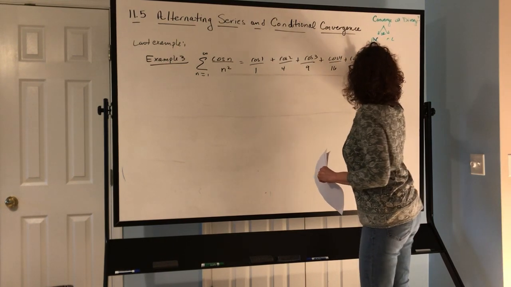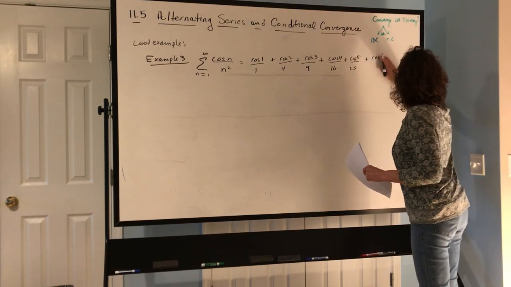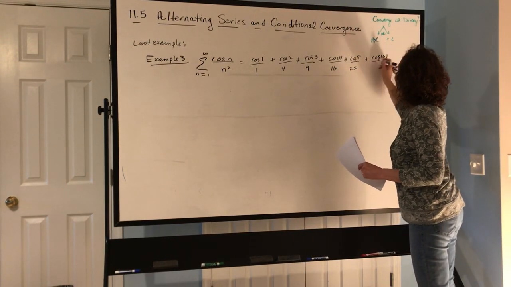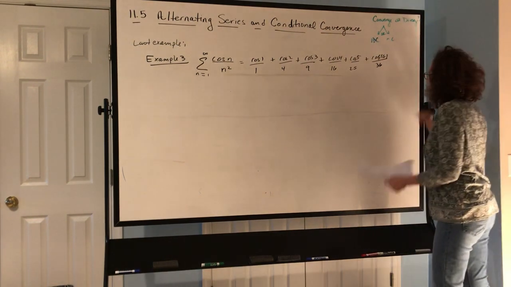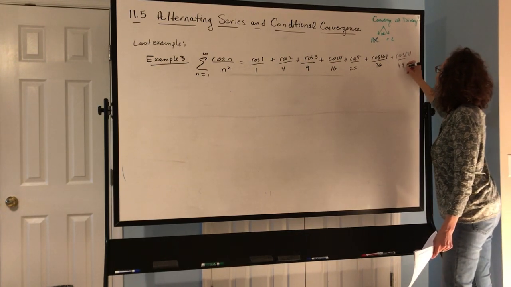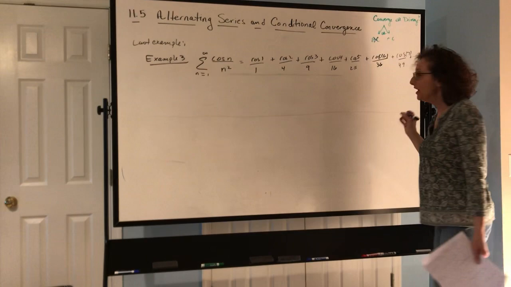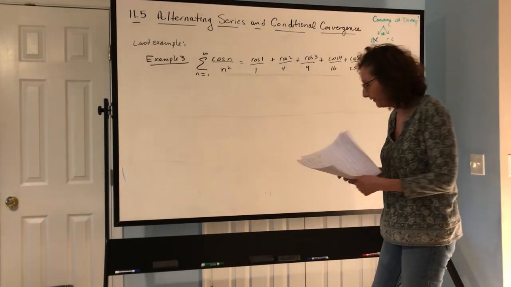Cosine of 5 over 25, plus cosine of 6 over 36. One more just for fun: plus cosine of 7 over 49. It goes on and on forever, right? You don't see a plus or minus 1 in there. Well, are these terms all positive?